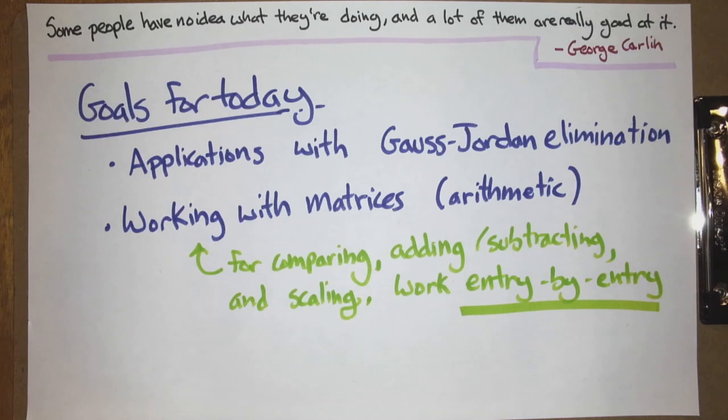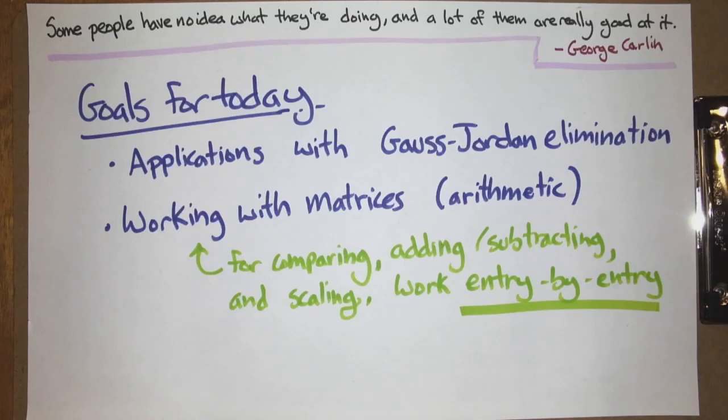Now, where are we going today? We're going to do a little bit more with Gauss-Jordan and talk a little bit about applications and what we mean by that. But then we're going to start talking about matrices and doing some very basic arithmetic with matrices. For today, we're going to talk about some very simple things.